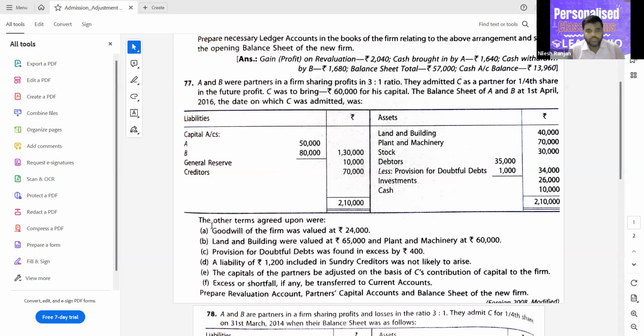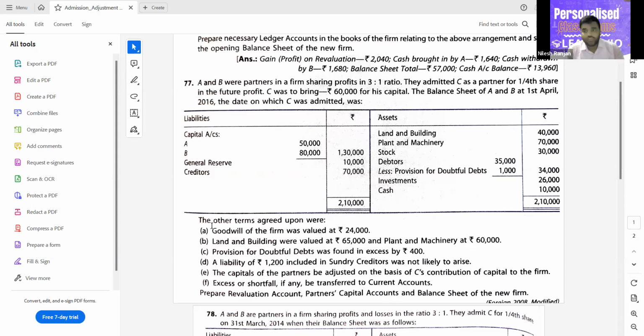Land and building were valued at 65,000, and plant and machinery at 60,000. Provision for doubtful debts was found in excess by 400. A liability of 1,200 included in sundry creditors was not likely to arise. The capital of the partners be adjusted on the basis of C's contribution of capital to the firm. Excess or shortfall, if any, be transferred to current account.